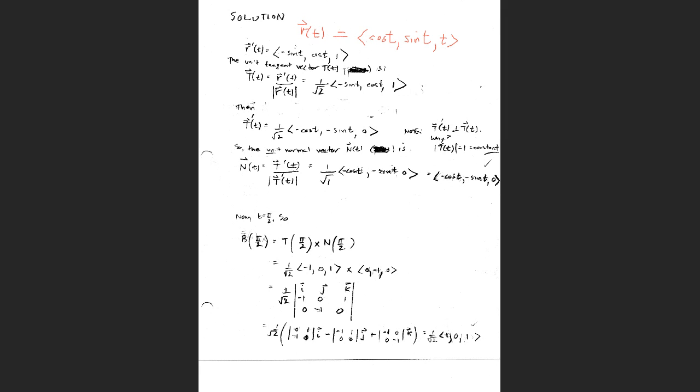So I take the derivative of the components and get r prime of t. The unit tangent vector is going to equal 1 over the square root of 2 times negative sine of t, cosine of t, and 1.